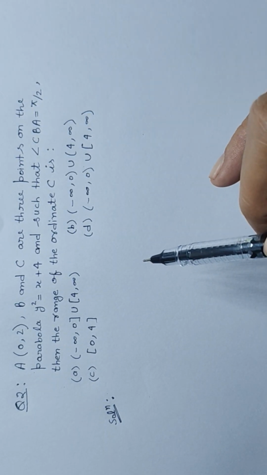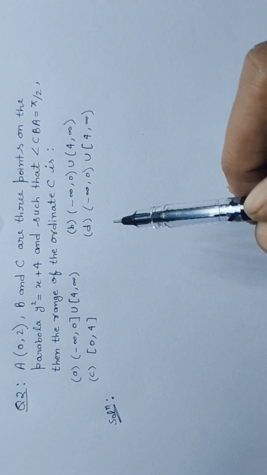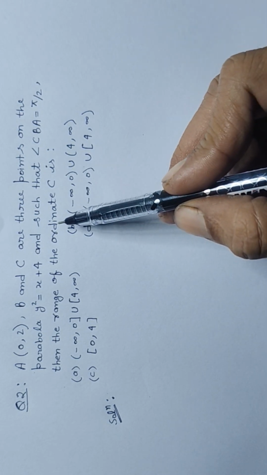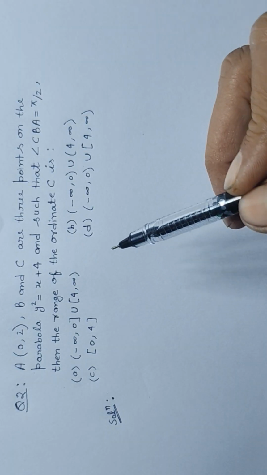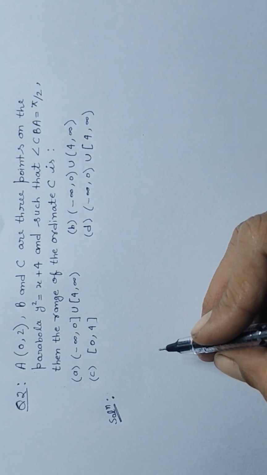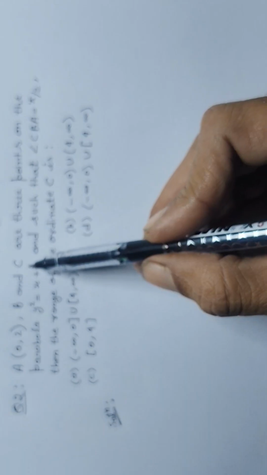So first we let the coordinates of the points B and C according to the given parabola y square equal to x plus 4.